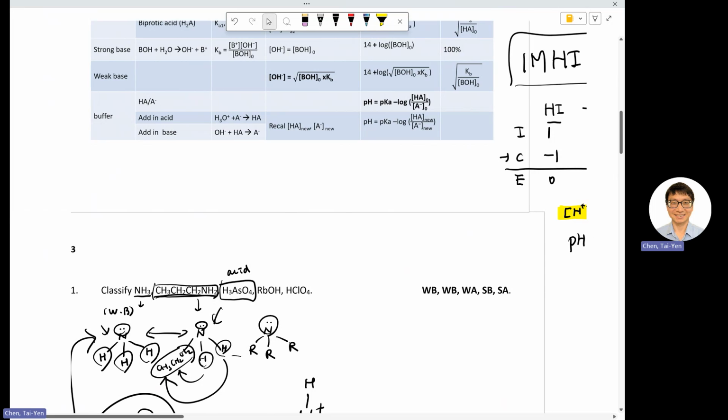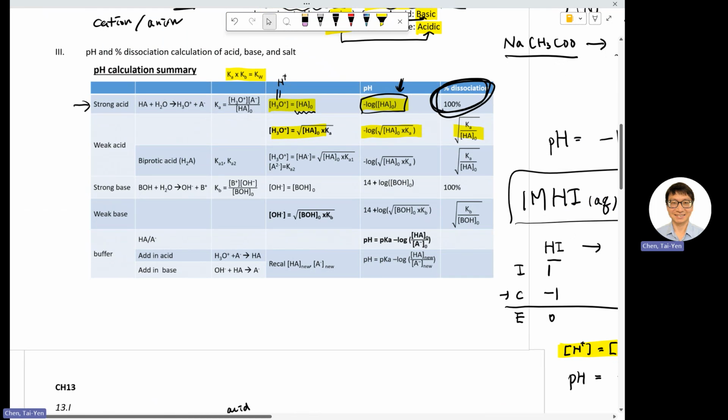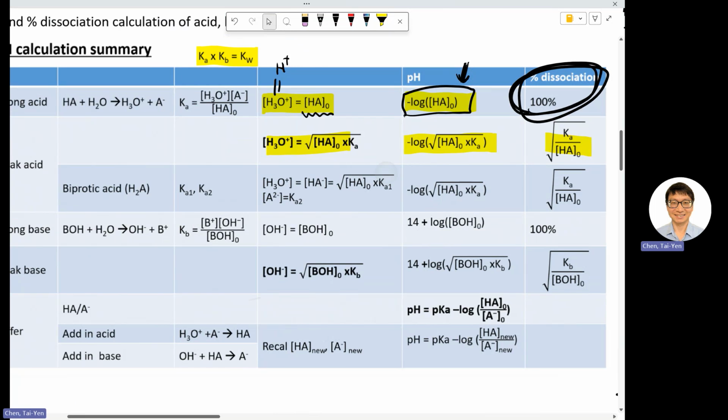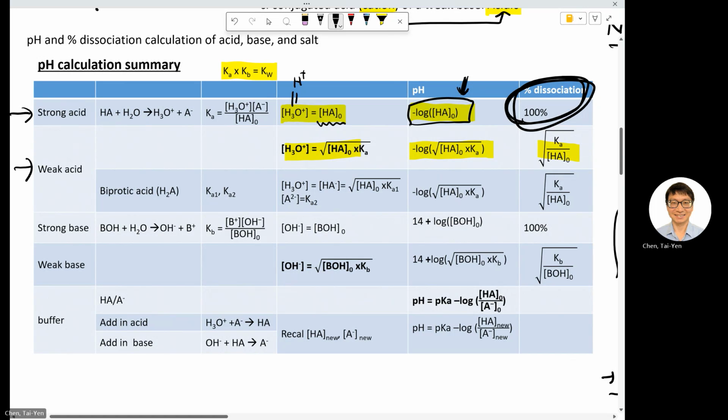Now let's look at probably the most commonly seen situation. What if today you have a weak acid? How do you calculate the pH of a weak acid?